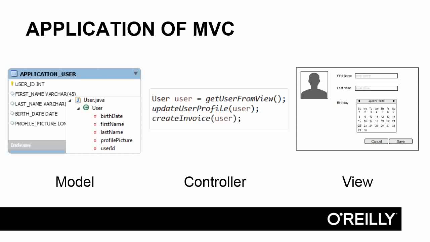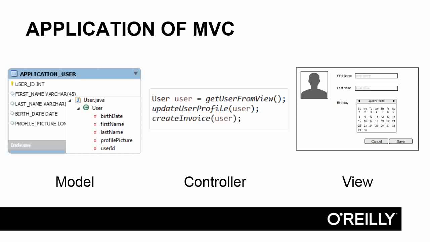So you can see how the controller kind of orchestrates that interaction between the model and the view, but how each layer remains separate from the other. For example, we could replace our view with, let's say, a RESTful web service, and that RESTful web service could call our controller. So there's separation there that creates reusability for us.